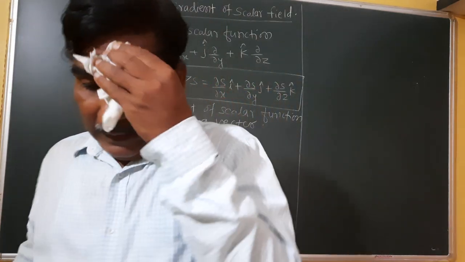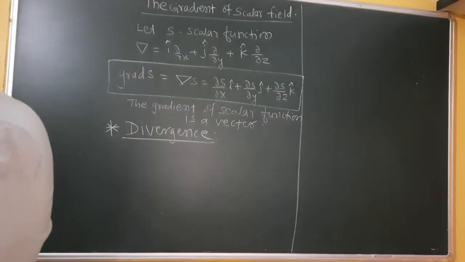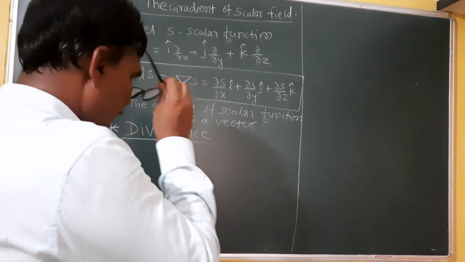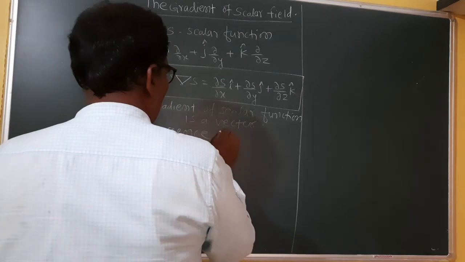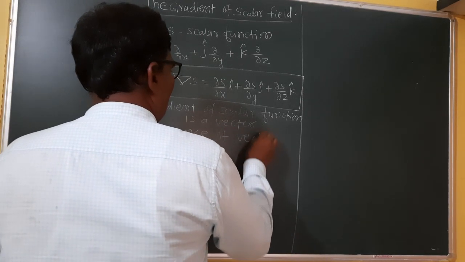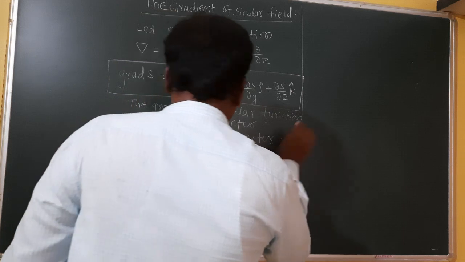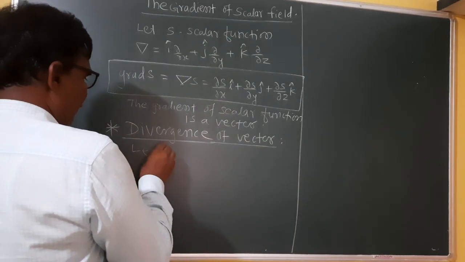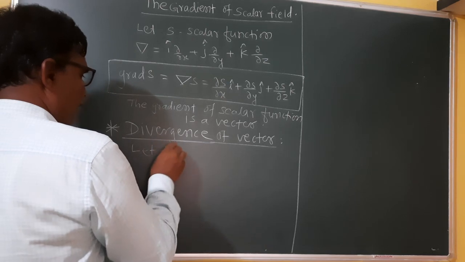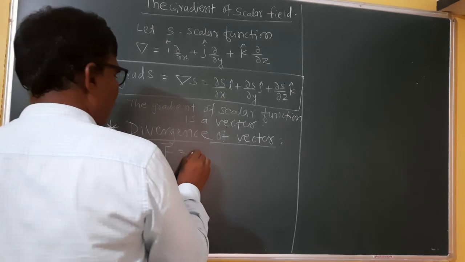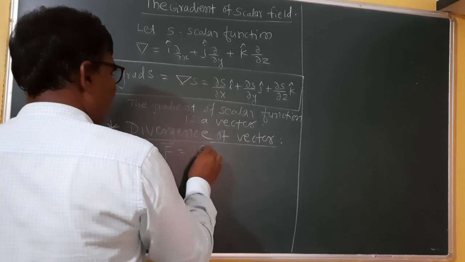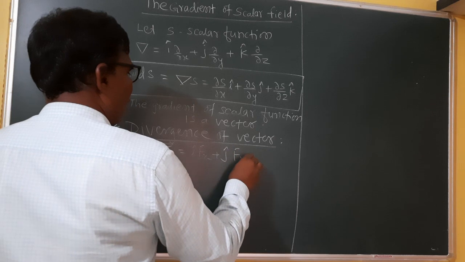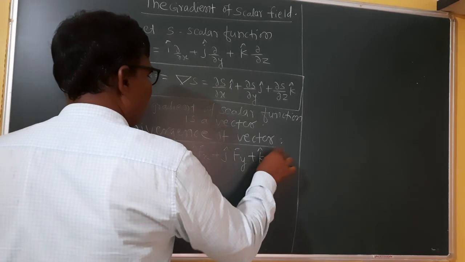Divergence of a vector function: let f be the vector function, f bar equals i cap into fx plus j cap into fy plus k cap into fz.